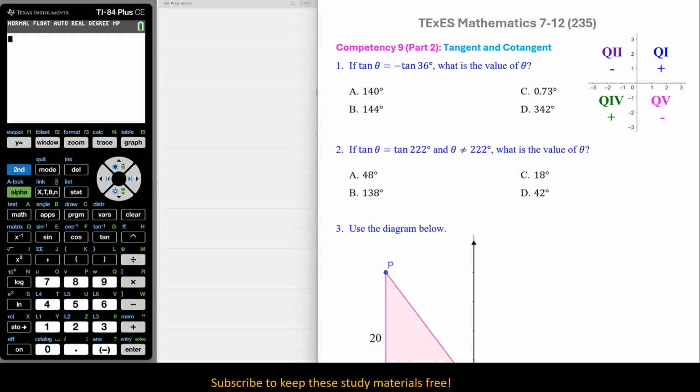Number 1. If tangent theta equals tangent 36 degrees, what is the value of theta? Okay, this is a simple case, the same thing that we did in the other videos. However, look at our Q1, Q2, Q3, and Q4. Oh, Q3 needs to be changed there. Okay, that's better.